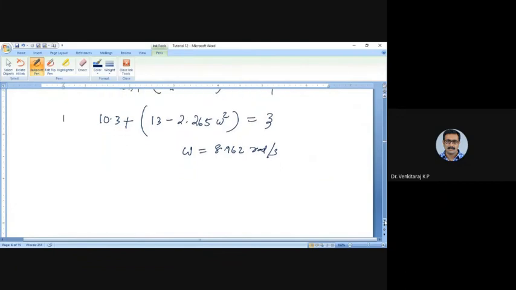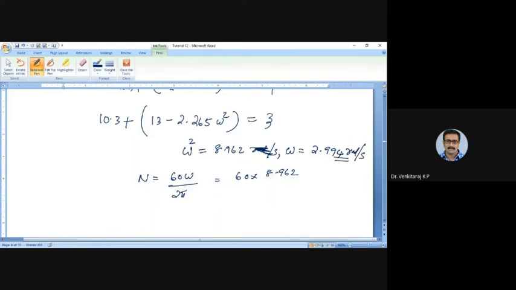Corresponding to this omega, the speed required for the pump is 60 omega by 2 pi. Oh, sorry, it is not omega, it is omega square value. Omega square is 8.962, so omega you will get as 2.994 per second.